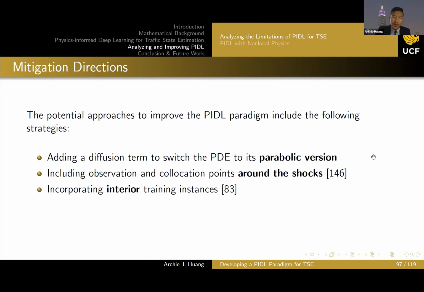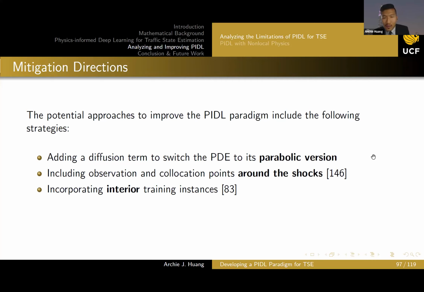The third point that we want to mention comes from the case study that we have seen in the part 2 video of this video series. In the validation of PIDL for TIC, where we use, again, the NGSIM data set, but we use 10% and 14% of traffic observations, which are the interior training instances.